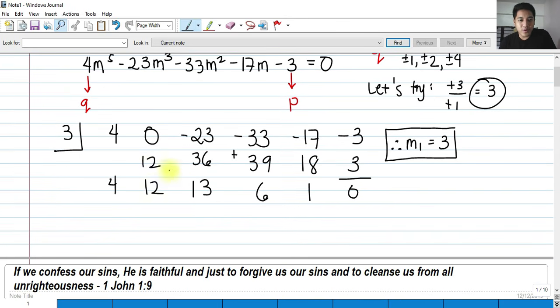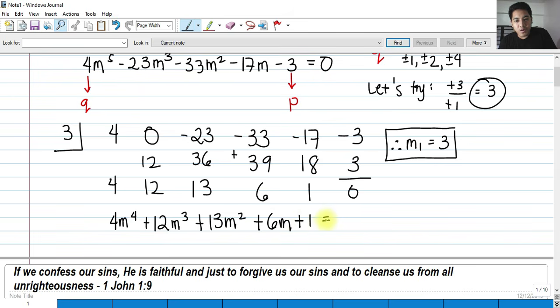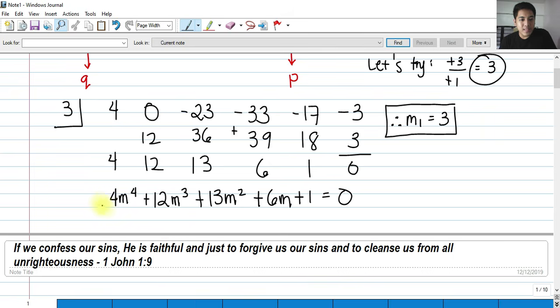So this equation reduces now to, this would be the coefficient of m raised to 4, this would be the coefficient of the cube, this would be the coefficient of m squared, and this should be the coefficient of m, and the constant 1. Okay, so again, we have to apply the same rule.